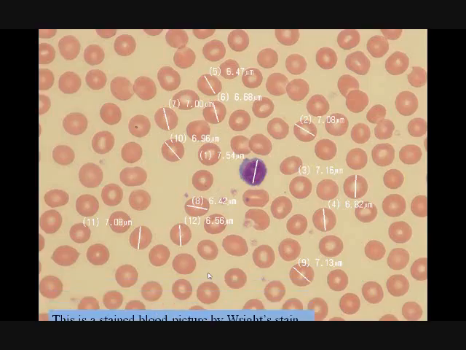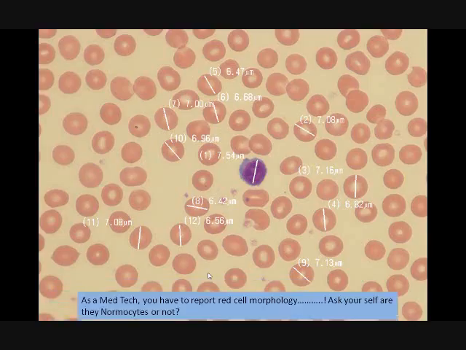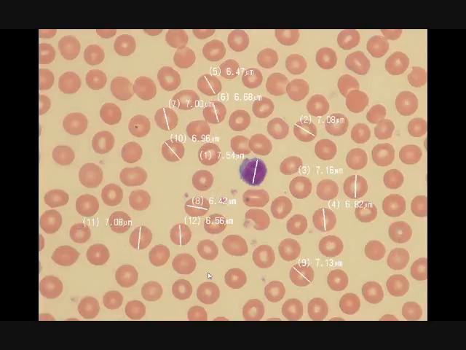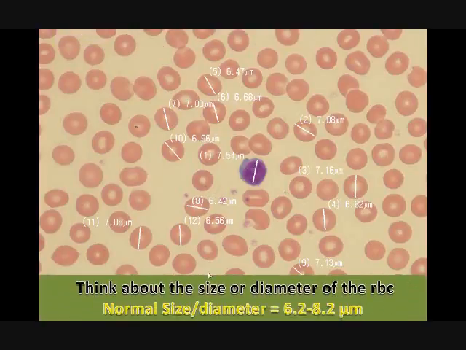As a med tech, you have to report RBC morphology. Ask yourself, are these normocytes or not? How can we identify a normocyte? It means normal in size. Think about the size of an RBC.